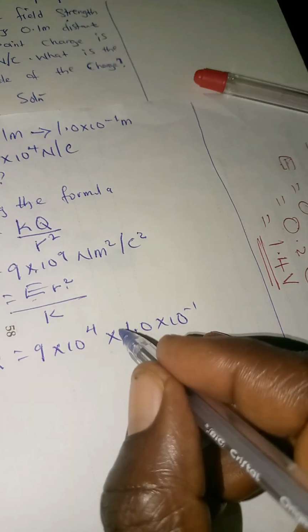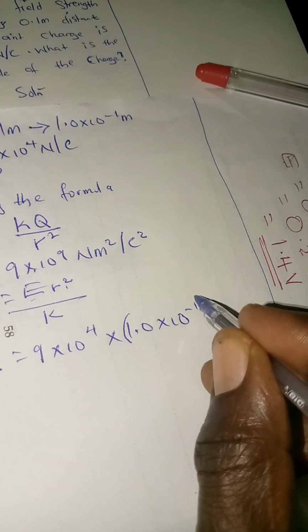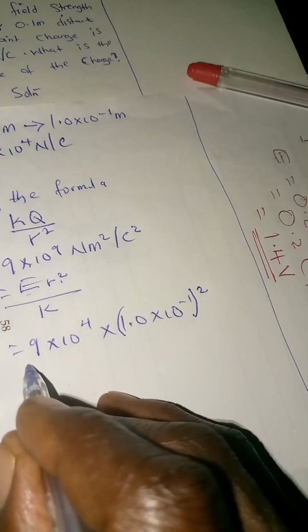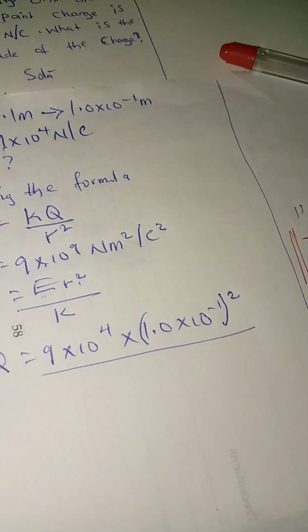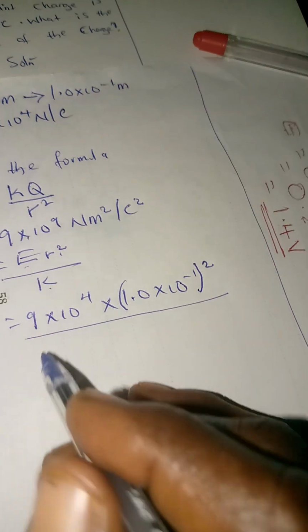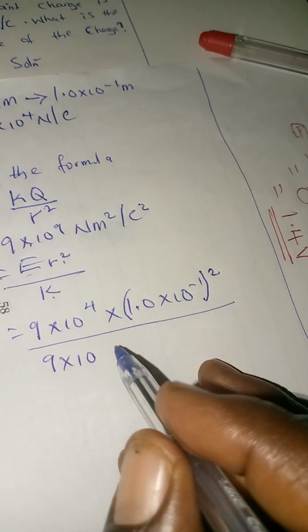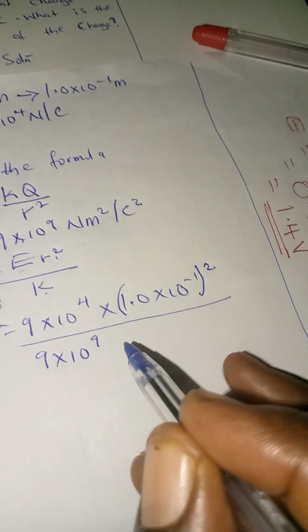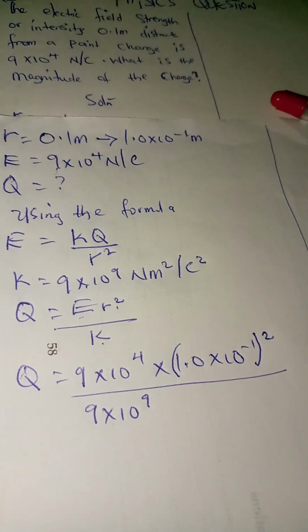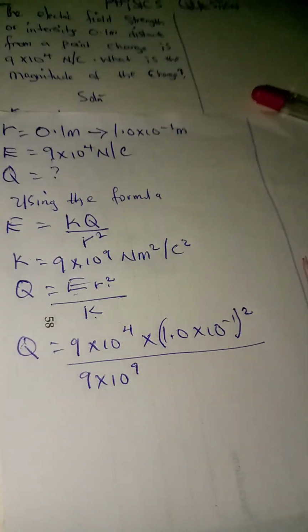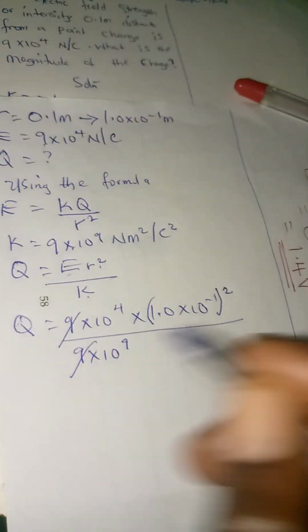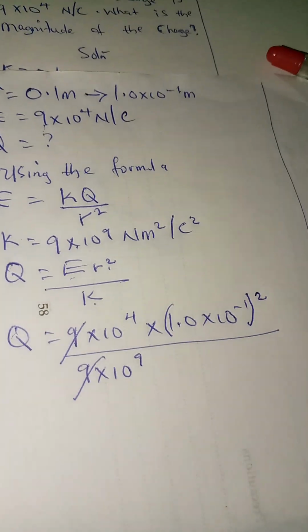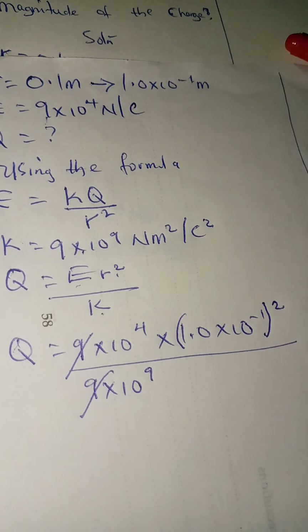Remember there was square, so I'm going to square this, all divided by K, which is 9 times 10 raised to power 9. I'm going to approach this with the standard form. My 9 will equally cancel out my 9.